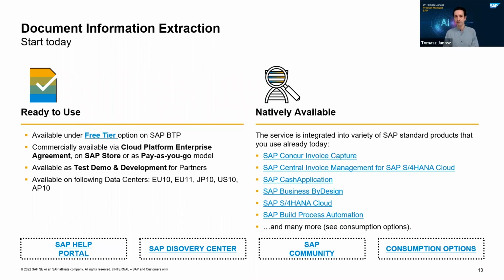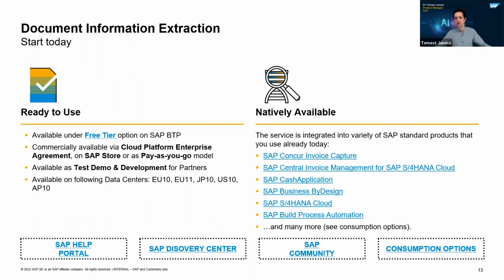There are a couple of commercial options that you can choose in order to consume this service. The first option is the Cloud Platform Enterprise Agreement, which your company enterprise can already have with SAP. You can easily purchase this service also via the SAP store and as a subscription, and also we provide a pay-as-you-go model.